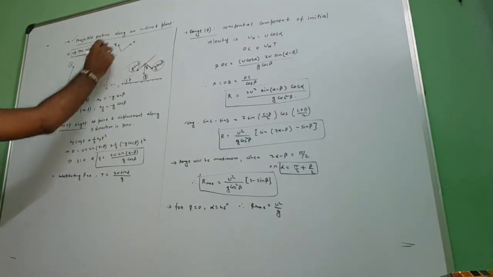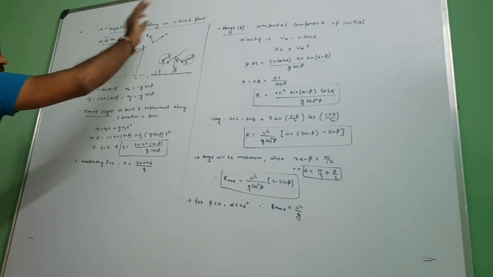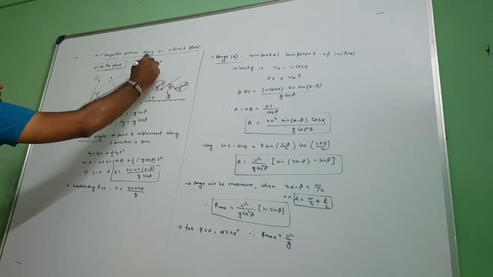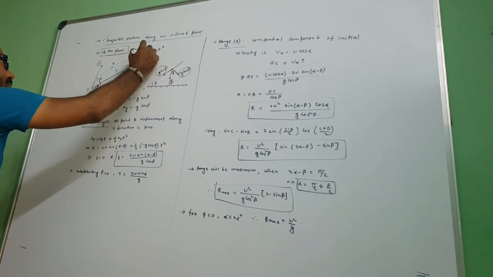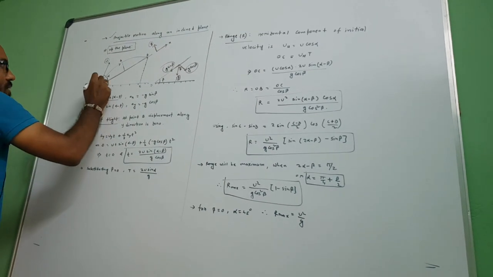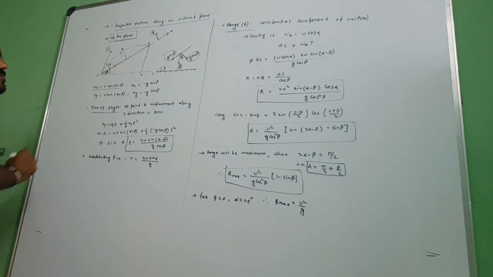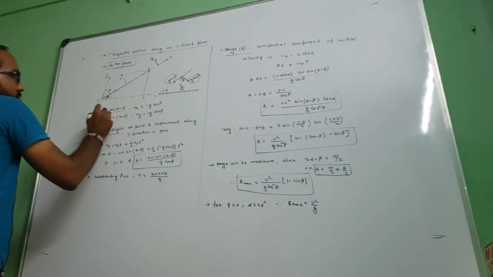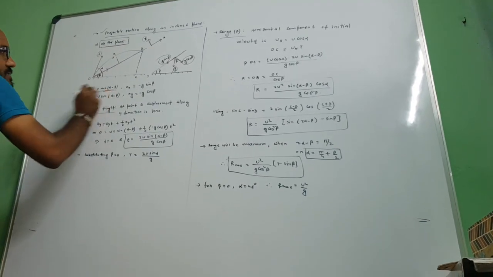Now take the axes I have shown. We have taken the x axis along the plane, and the y axis perpendicular to the plane. So what would be the ux component? We need this component, which would be alpha minus beta, so ux is u cos(alpha minus beta), because we have thrown the object at alpha minus beta to the plane.